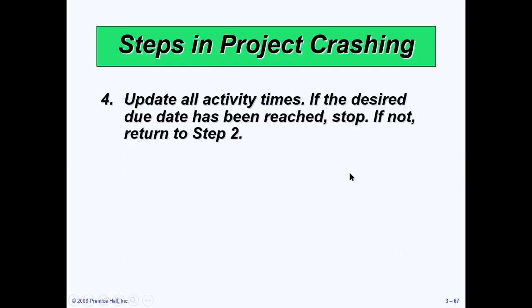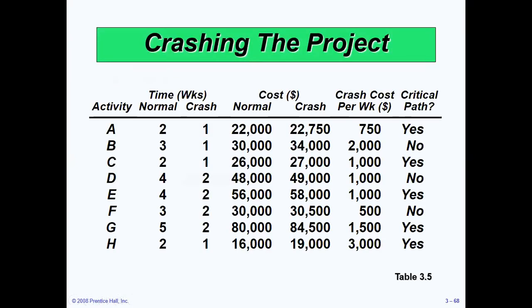So the crash cost per week is equal to crash cost minus normal cost divided by normal time minus crash time, which is equal to 750. And similarly, we have applied this formula for all of these activities.